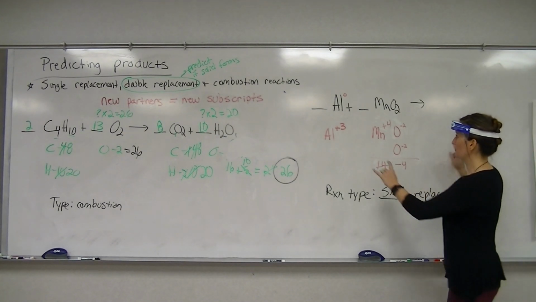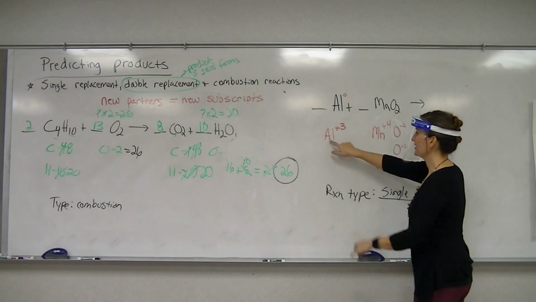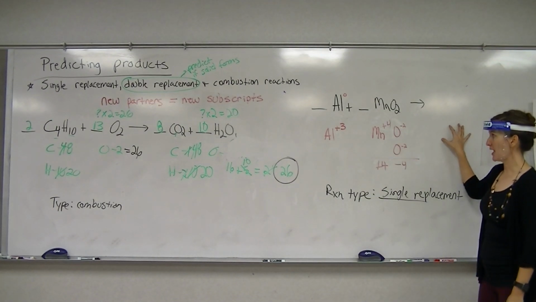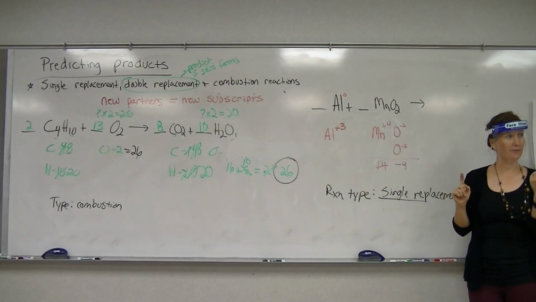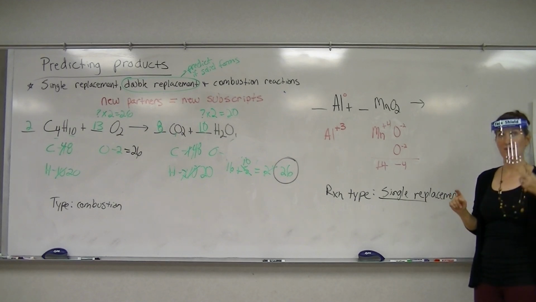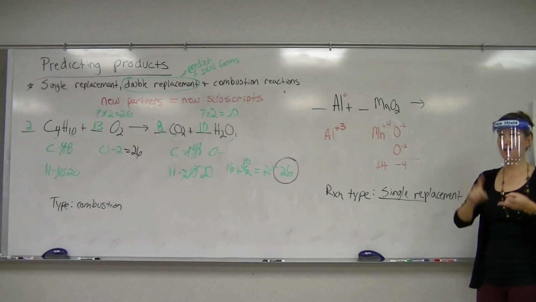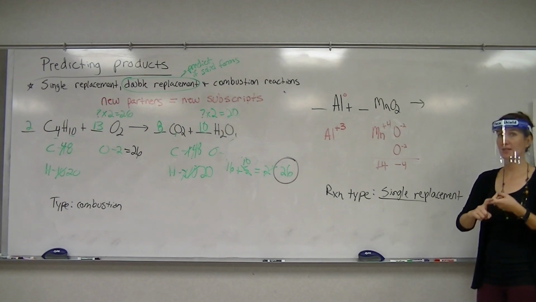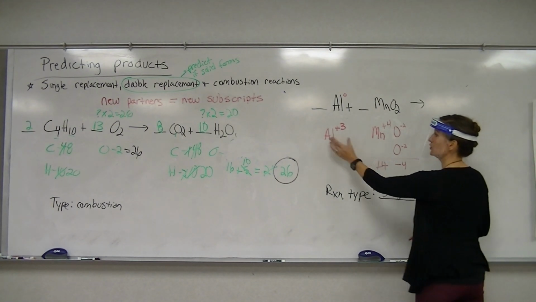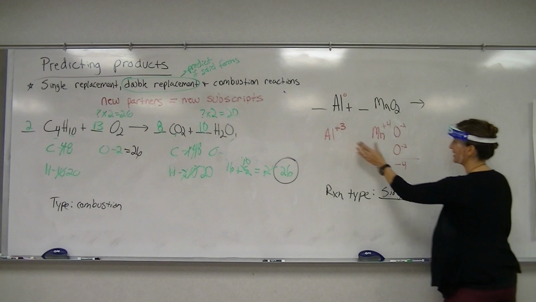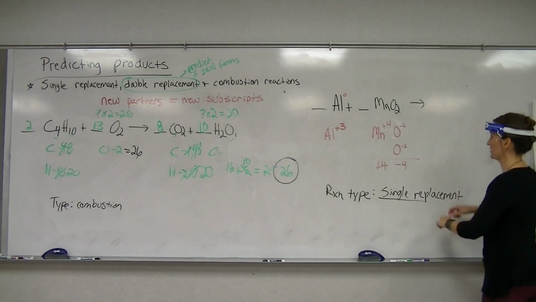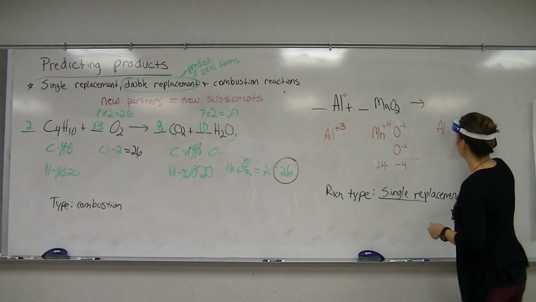So now, to figure out the products, I need to make sure that on the product side, I have an element by itself and a new compound. And the new compound needs to have a cation and an anion together. So you're going to want the positive with a negative. So since aluminum's by itself on the reactant side, it's going to be partnered on the product side. And we're just figuring out who it's partnered with.